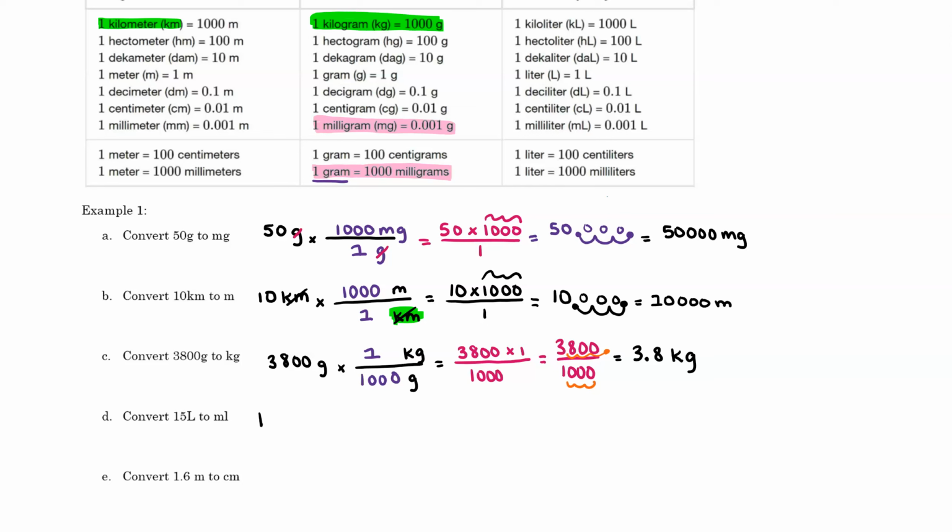So I'm going to start with 15 liters, and I need to convert that to milliliters. Now again, there were 2 different conversions here. 1 milliliter is 0.001 liters, or we could say that 1 liter is 1,000 milliliters.